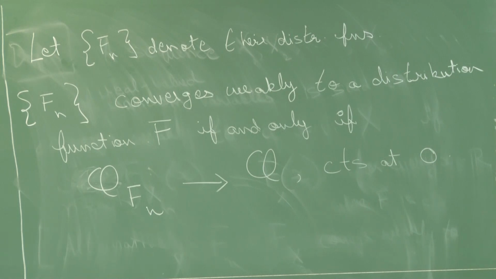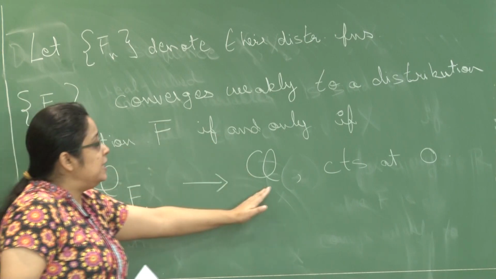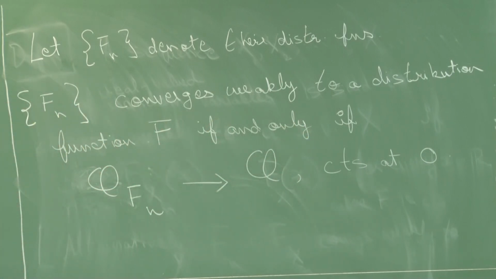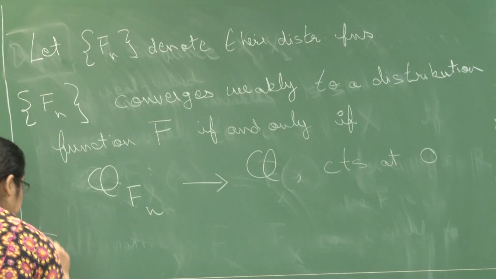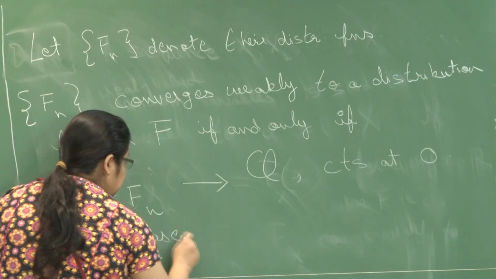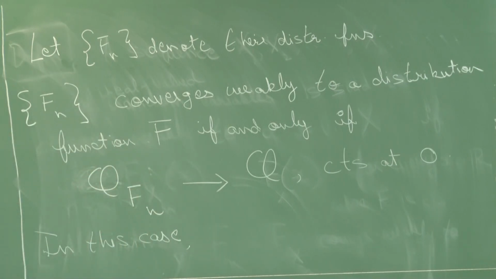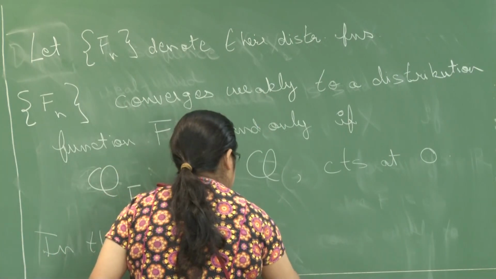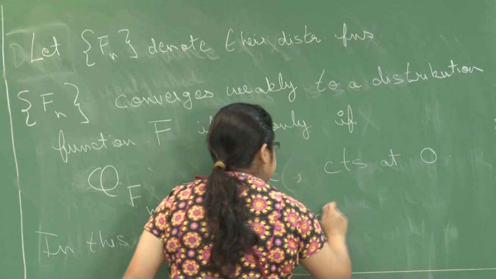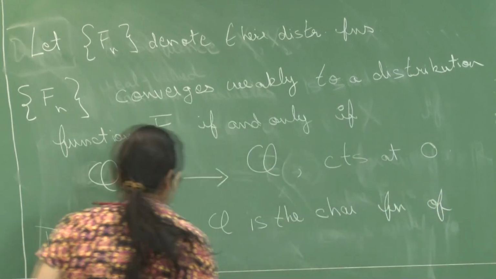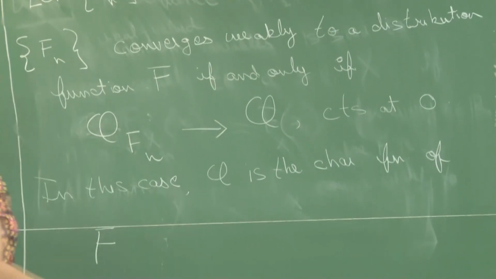And now, if you have your characteristic functions converging to some suitable function which is continuous at the point 0, then this function phi is significant in the sense that it turns out to be the characteristic function of capital F. Okay.